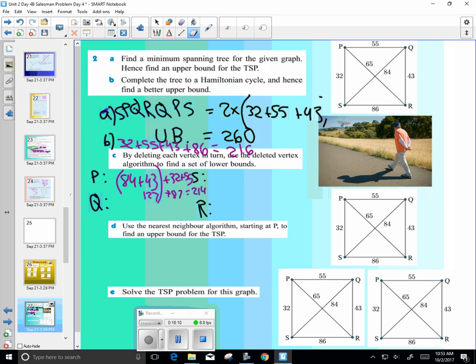Let's try another one. Go ahead and try another one. Try removing Q. It's going to be 32 plus 65. And then the ones that are left, shortest for Q, are 55 and 43.